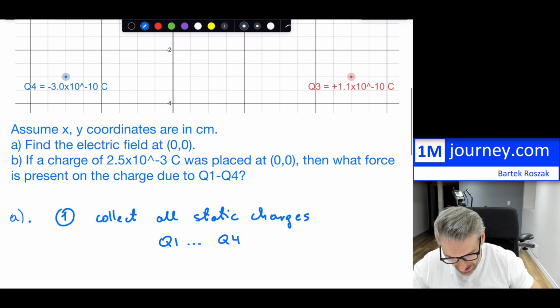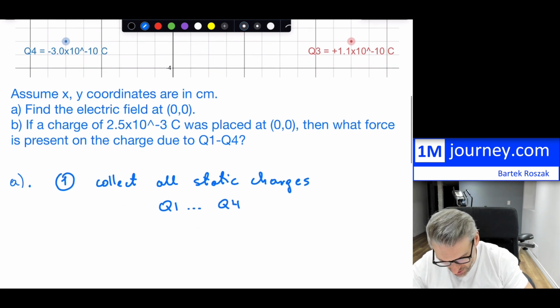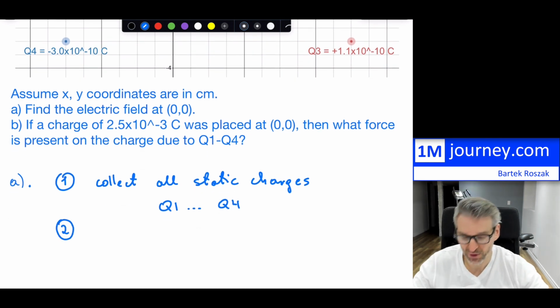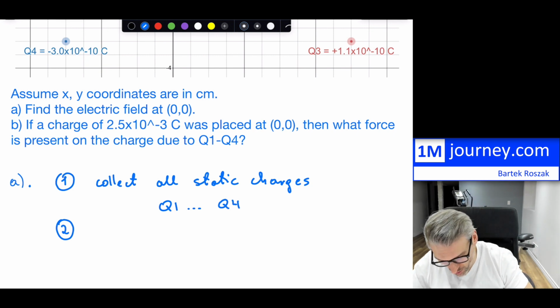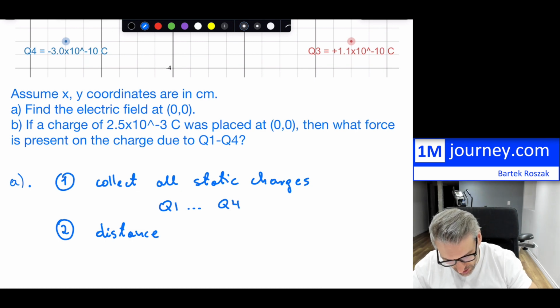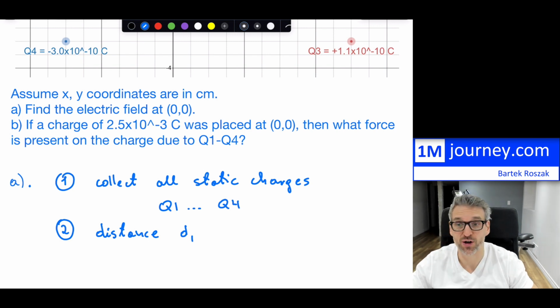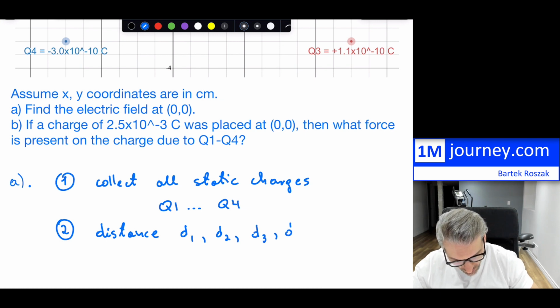Step number 2, once you have those, find the distance from each charge to the point of interest. So that's step number 2, distance. I'm going to label the distances D1, from charge number 1 to the origin, D2, D3, and then D4.